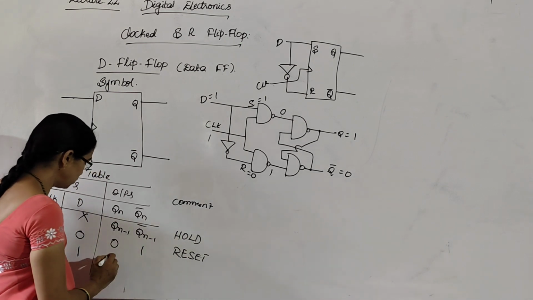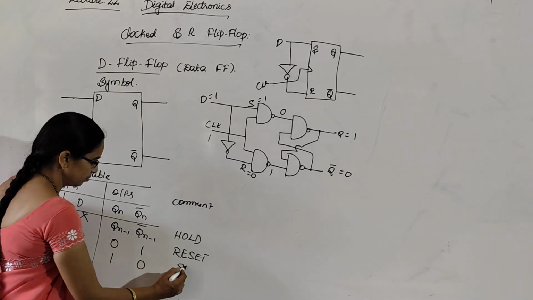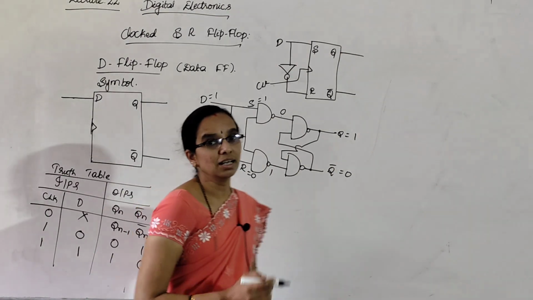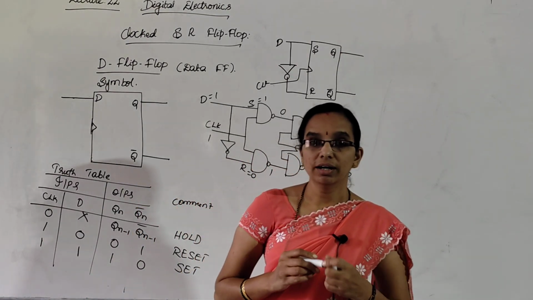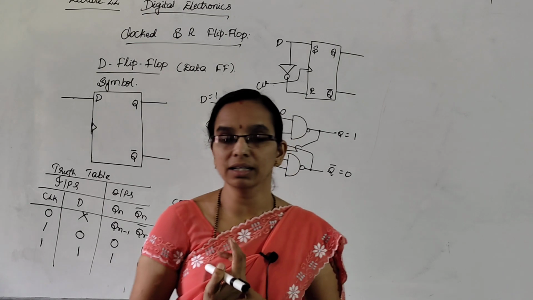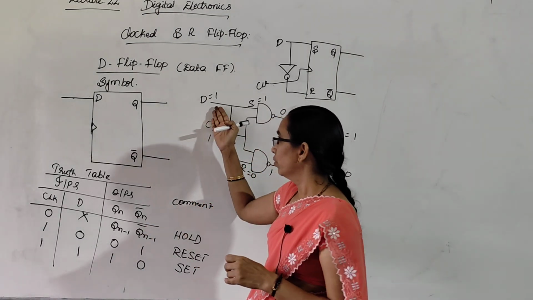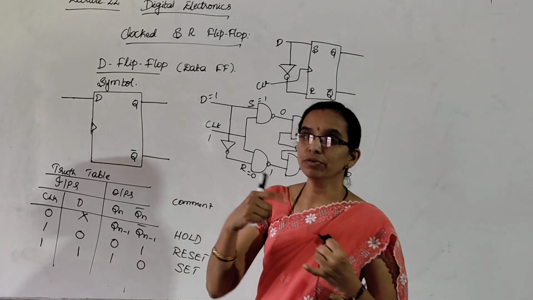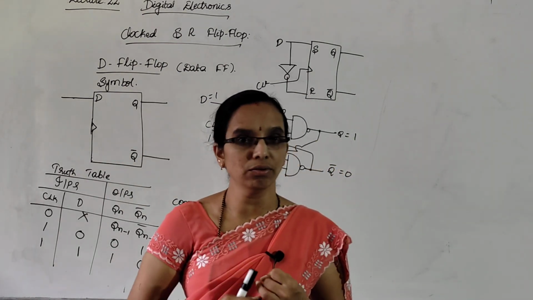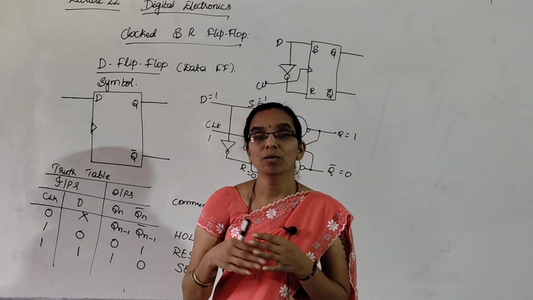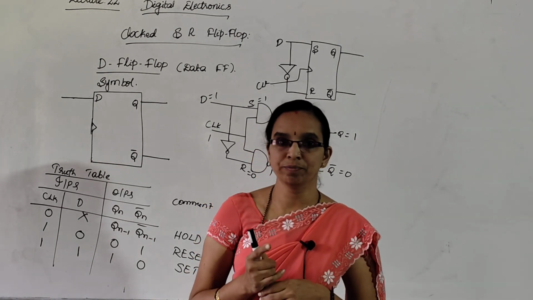So it is going to set state, and by this the invalid state can be removed. Here only one input, either D is equal to 0 or D is equal to 1, right. The invalid condition occurs when both the inputs are 1, 1.